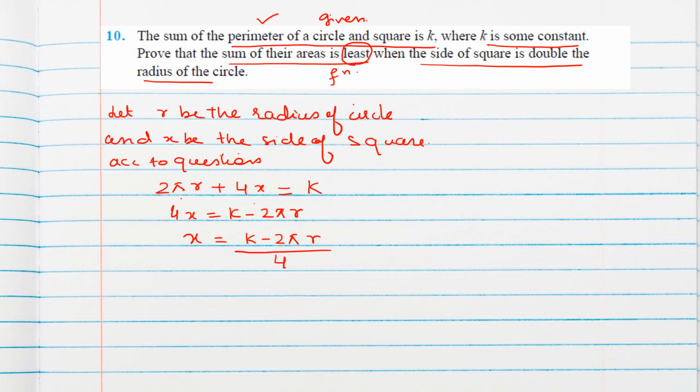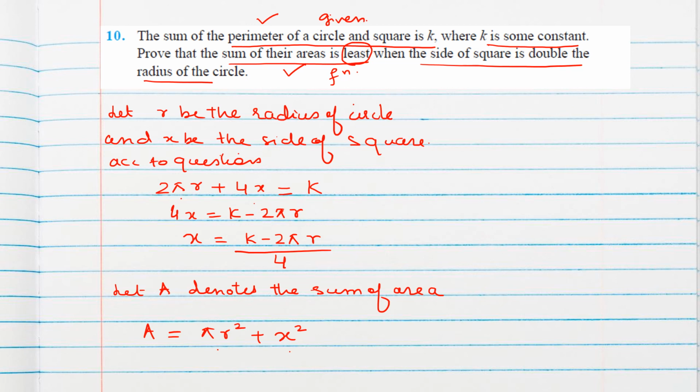Okay, now this is our function, sum of their area. So let A denote the area, or sum of area. So A will be pi r square plus x square. Area of circle plus area of square.